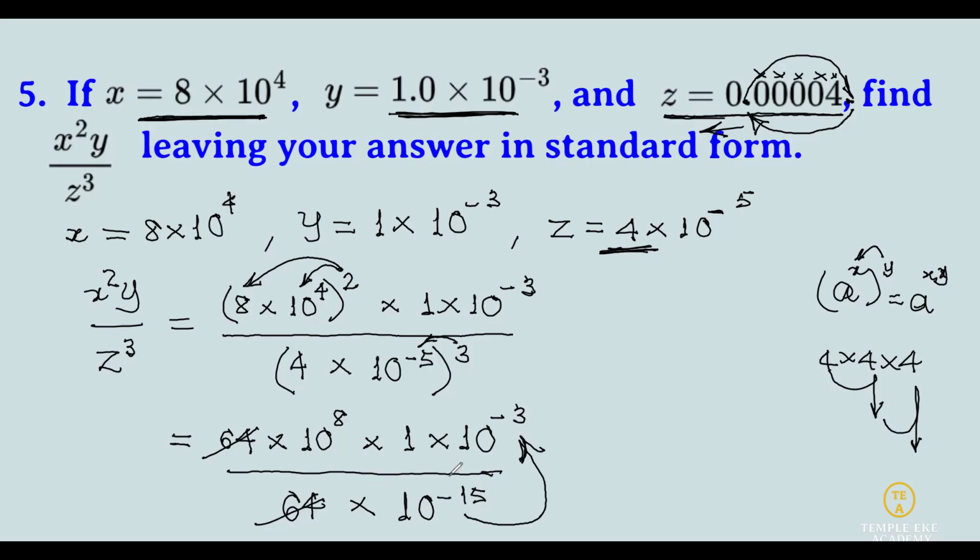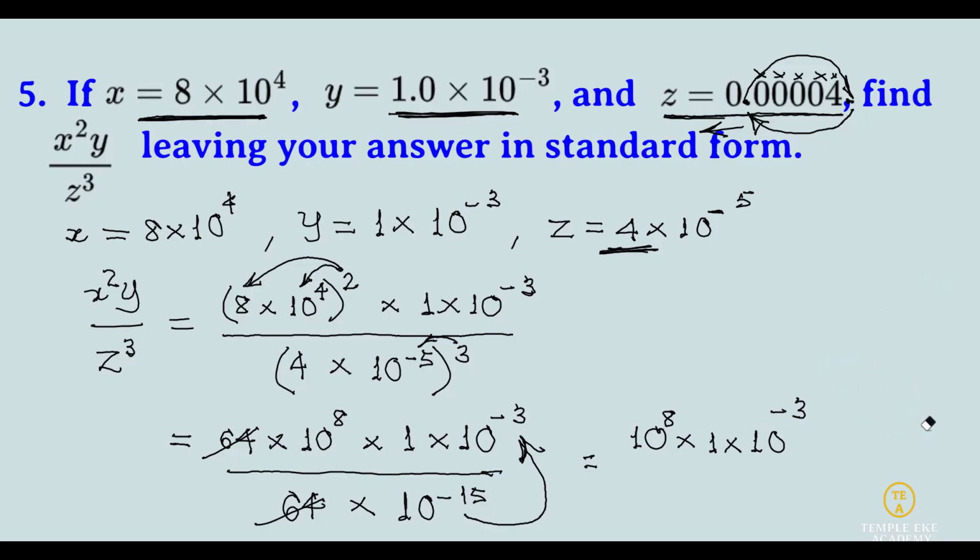And now the mobility rule, as I discussed in the video on indices. Anytime an expression in the denominator moves up to join in the numerator, the sign of its power will change. So this expression can be written as the numerator that we have here, 10 to the power 8 multiplied by 1 times 10 to the power minus 3.